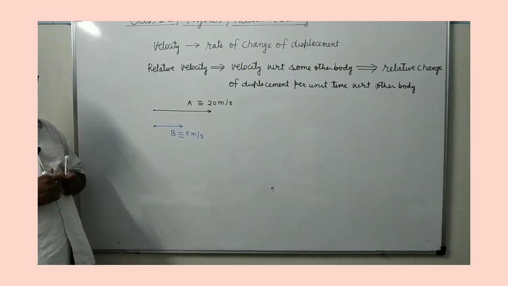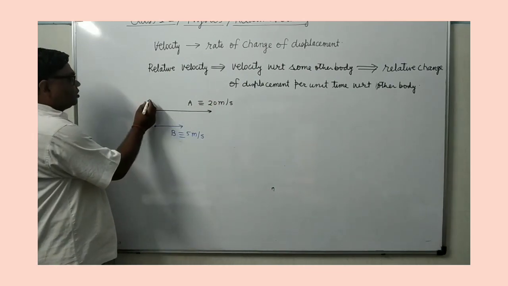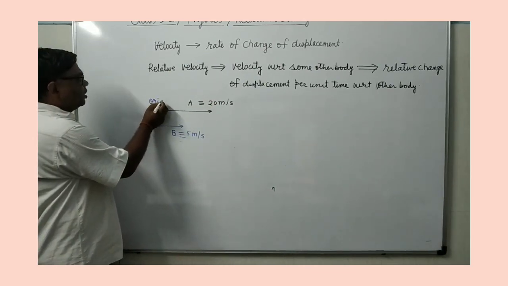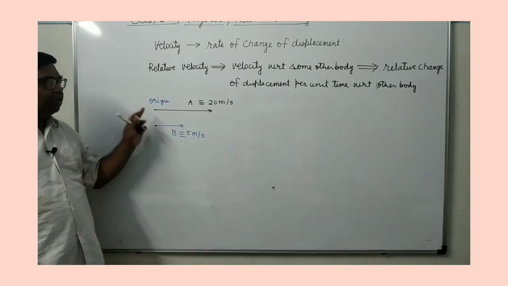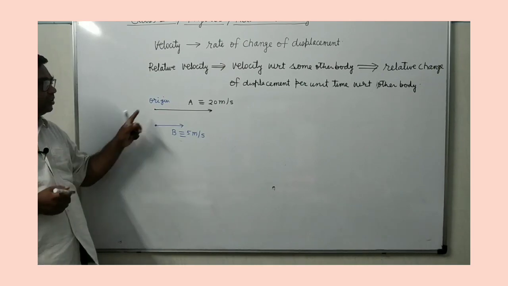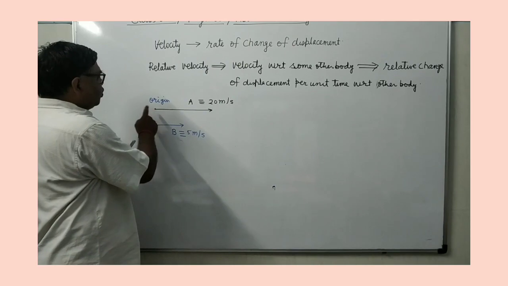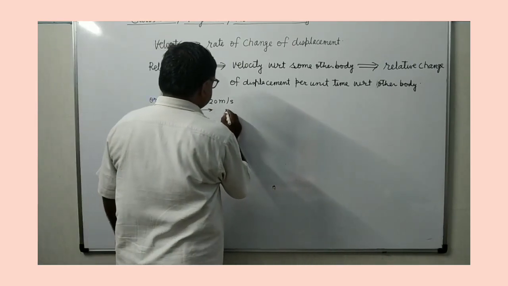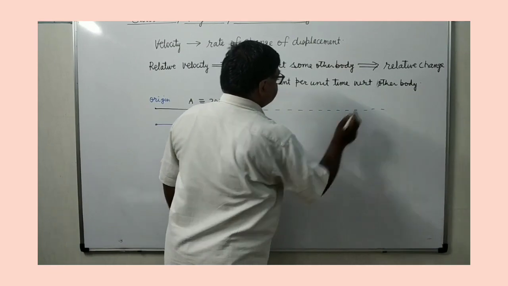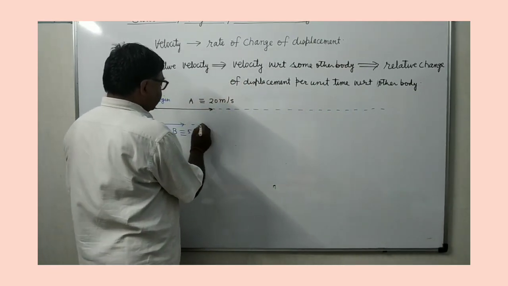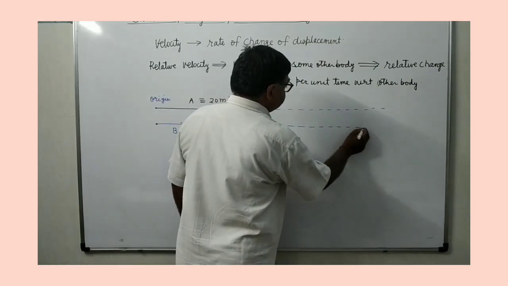After 1 second, what will happen? Initially they are at the origin. Suppose on this straight line you have taken this as origin, since it is moving on a straight line.